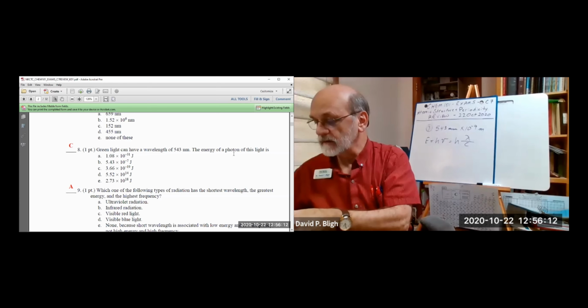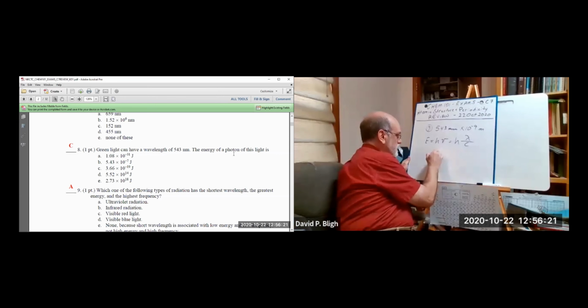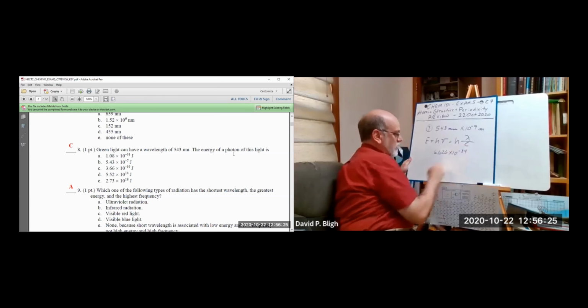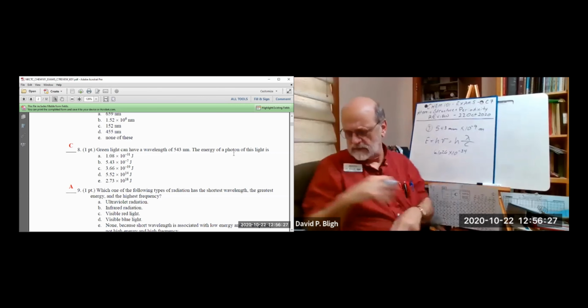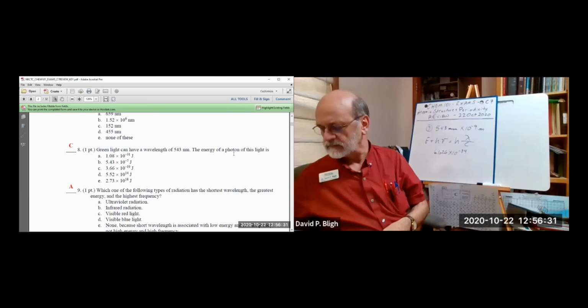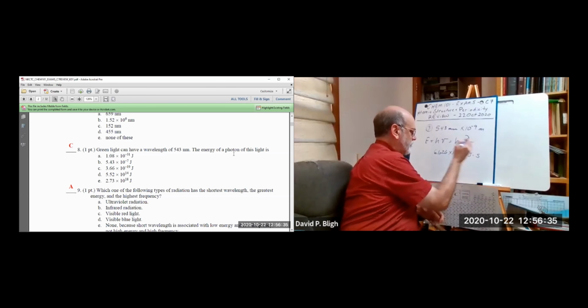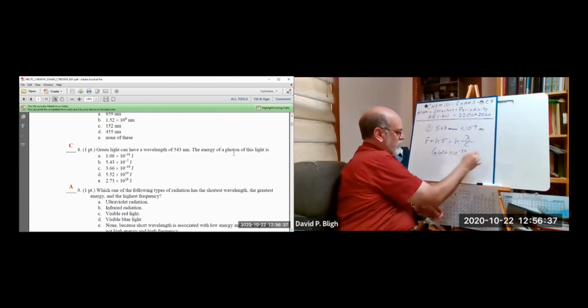Which is, you have to find it. There it is. 6.626 times 10 to the minus 34. Units of measure, joule seconds. So that goes in here.